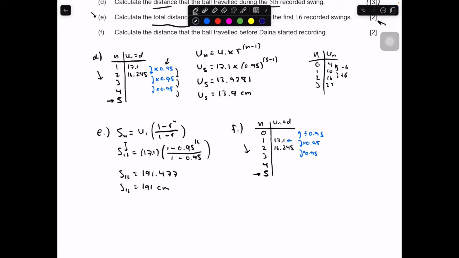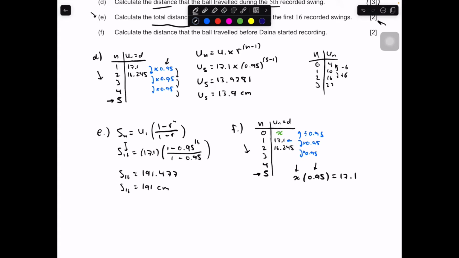And that would be one way. Another way to possibly do it is to set up an algebraic equation. So if we say that this value right here is x, the distance on that first swing, we know that x times 0.95 gave us that value of 17.1. So that first swing, we don't know what it was, but we know it lost 5% of its total distance.